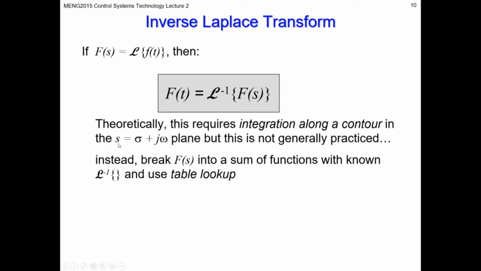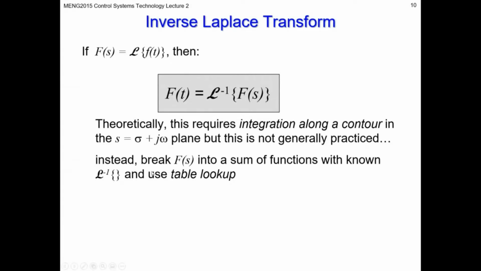So basically, you have some function S that has a sort of trajectory on this S-plane, and you're supposed to integrate along that trajectory, along the contour, to get your inverse Laplace transform. But that's a pretty mathematically complex way of doing it.